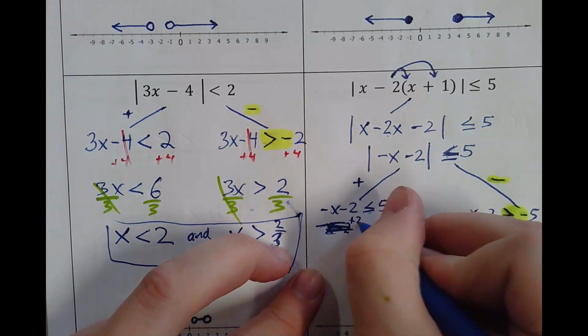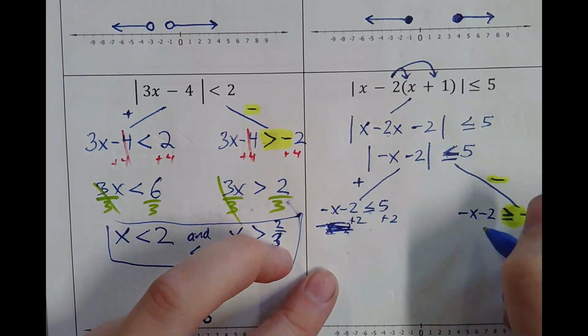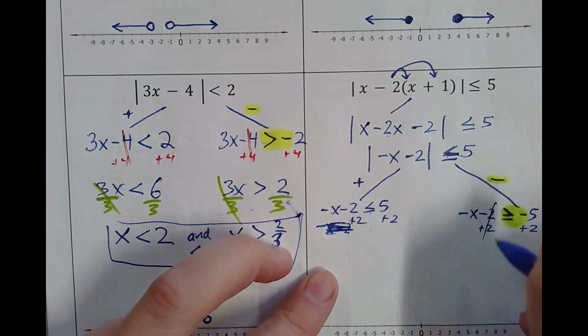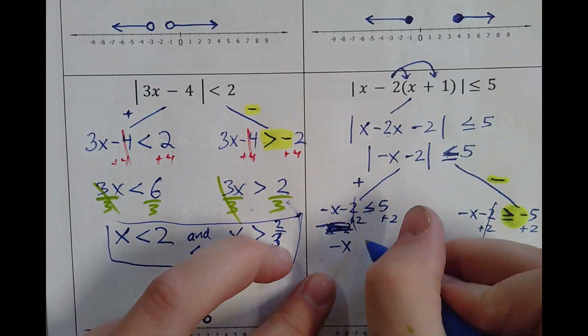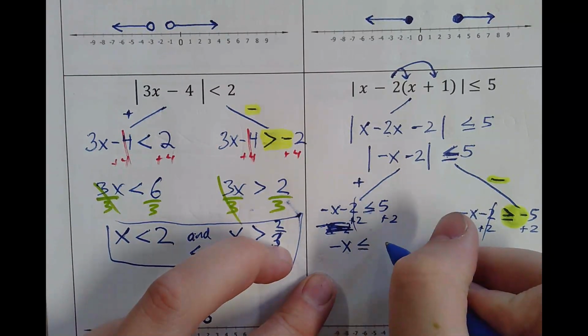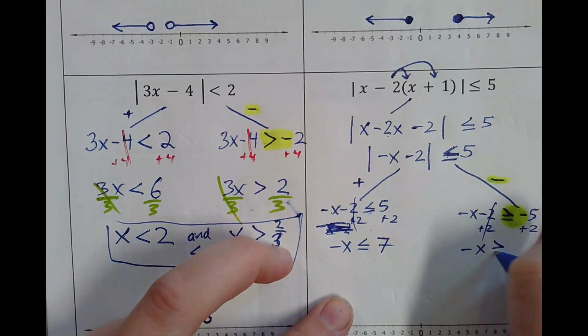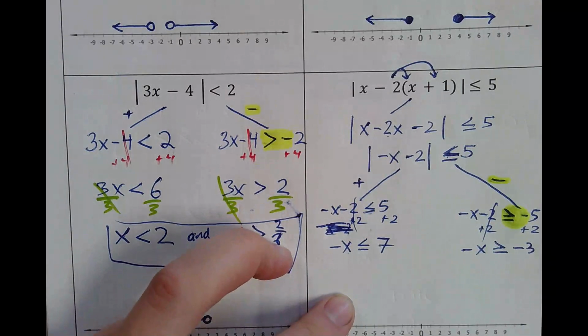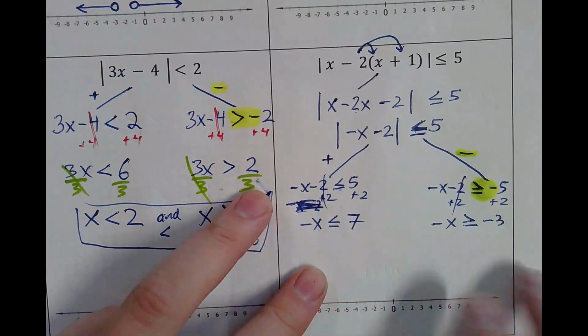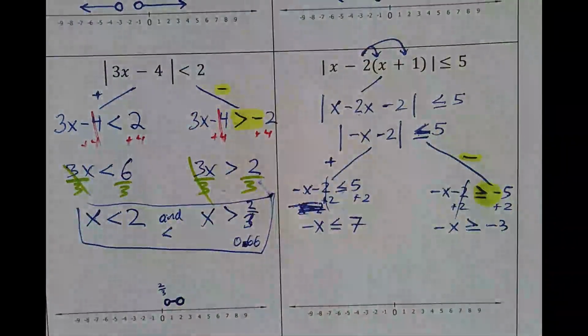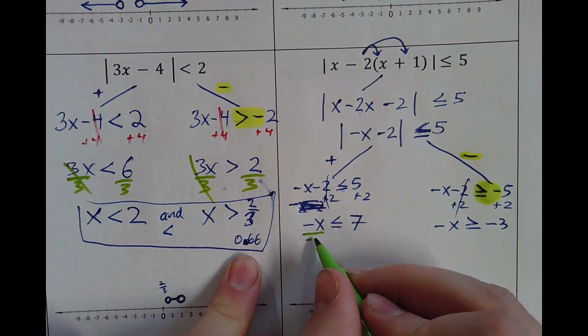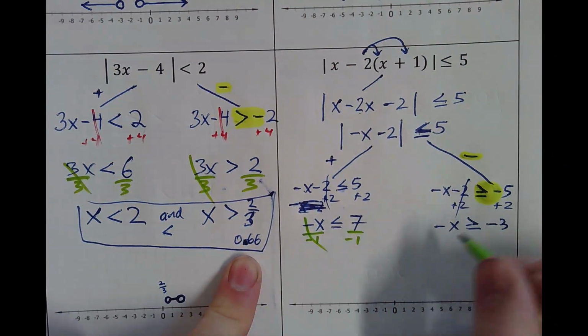I'm going to add 2 to both sides, which is the same for all inequalities. I'm going to get -x is less than or equal to 7, and -x is greater than or equal to -3. I think I'm not making any mistakes now. Okay, I'm going to divide by -1 to get rid of the negatives.